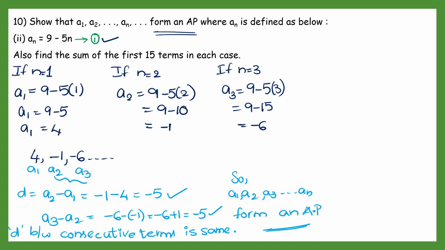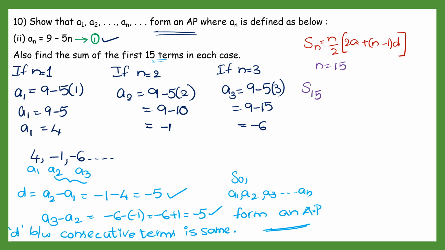We can tell this. Now they are asking to find sum of 15 terms. Let's do that. What is the formula? Sn is equal to n by 2 into 2a plus n minus 1 into d. We need sum of 15 terms, so the value of n will be 15.